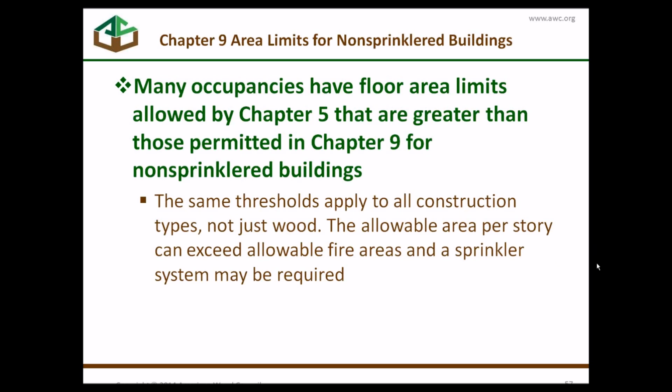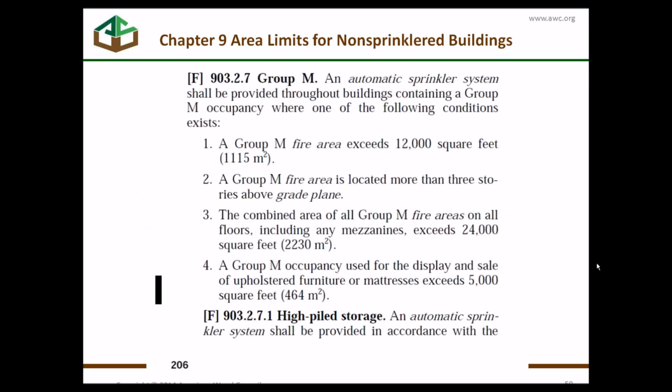For instance, if you had a Group M, mercantile, or an S, they are going to require sprinklers at 12,000 square feet fire area. Or if you have a combined fire area of 24,000 square feet, that also would require sprinklers in an M or an S. If you have a Group A2, a restaurant, you've got sprinklers if you have a fire area exceeding 5,000 square feet, or if the restaurant's located above the level of exit discharge, you have to have sprinklers right away, or if you have more than 100 occupants.